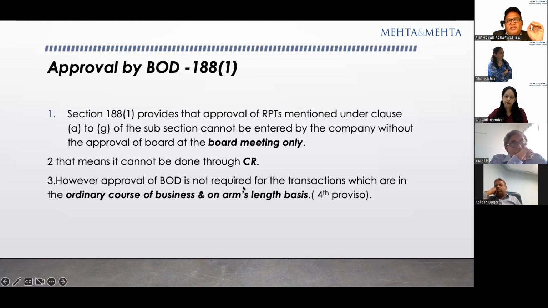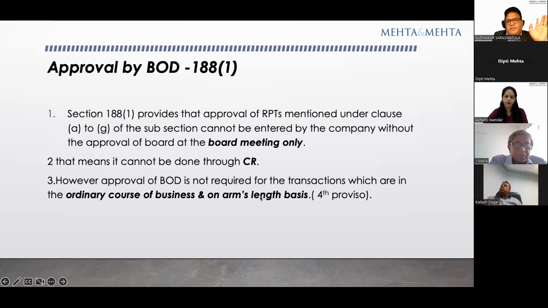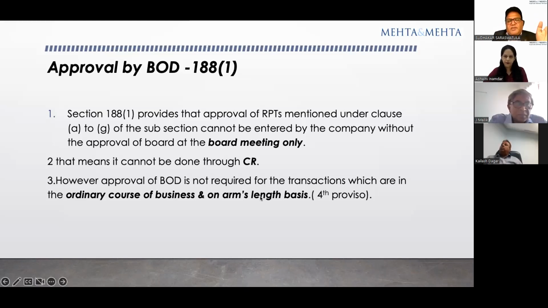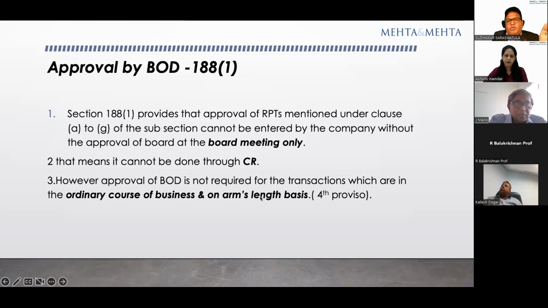Now, 188 is not confining itself only to the board approval. 188 also talks about shareholders approval. Now, how will this exemption be useful to a listed company? In case of listing regulations, the listed companies have to go for shareholders approval only when there is a material related party transaction. And till 31st March 2022, the definition of material related party transaction was 10% of the consolidated turnover.